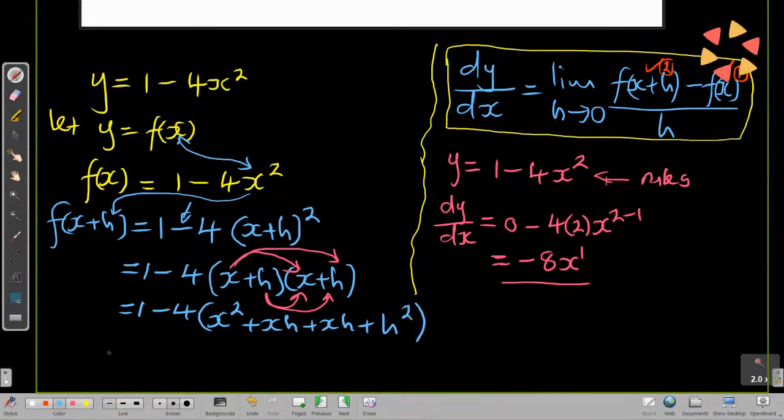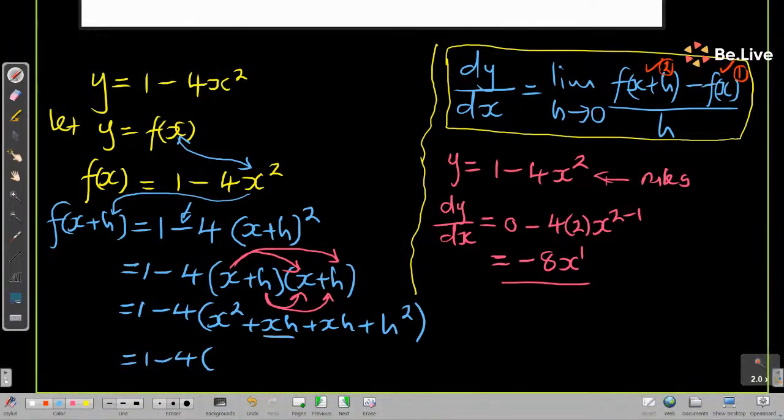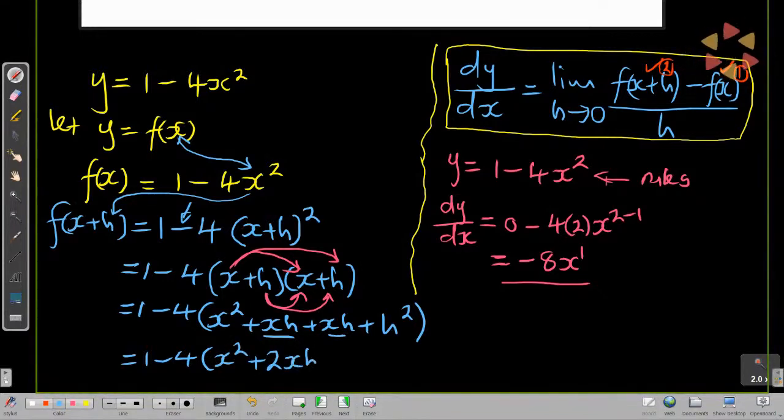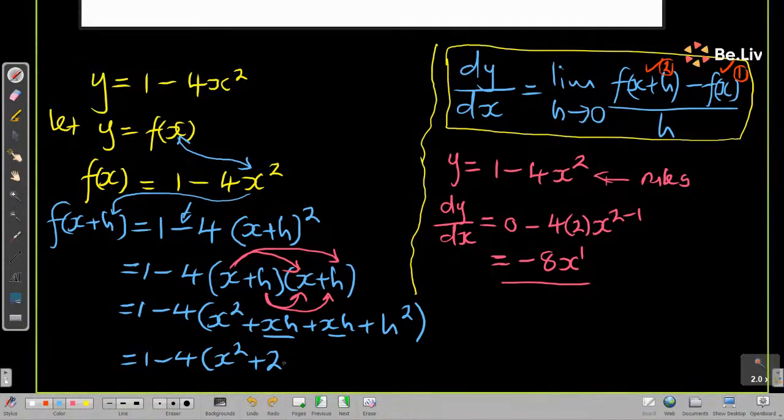Don't forget to always maintain your negative, so it's 1 minus 4 in brackets, guys. You add it together, and it will be x squared plus 2xh or hx. Some prefer to start with the h, so it becomes 2hx plus h squared.